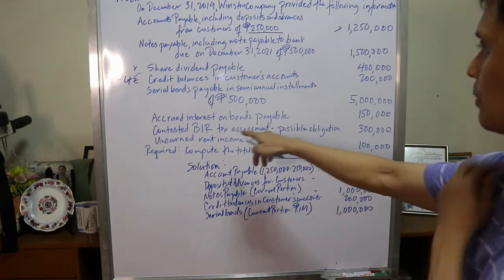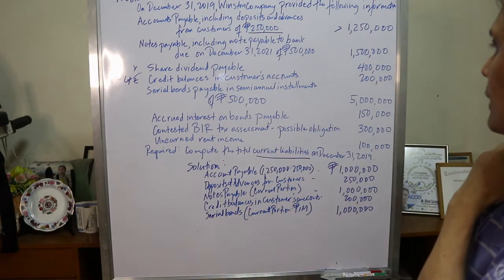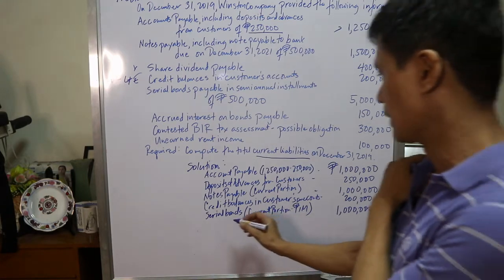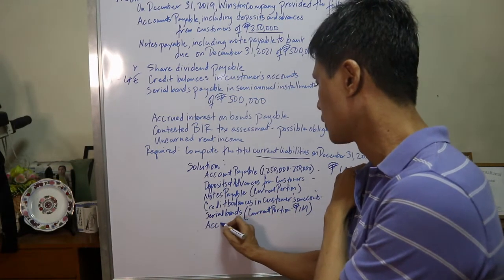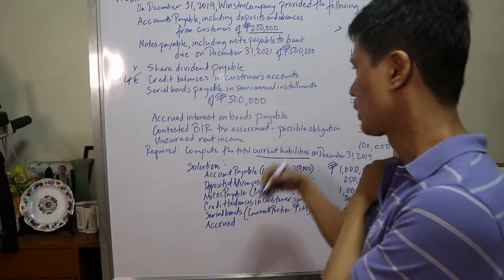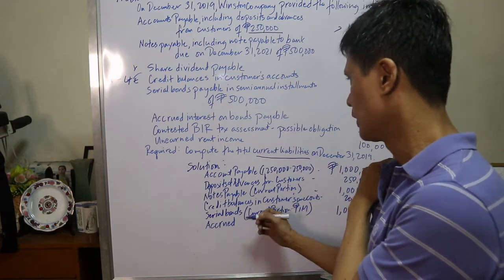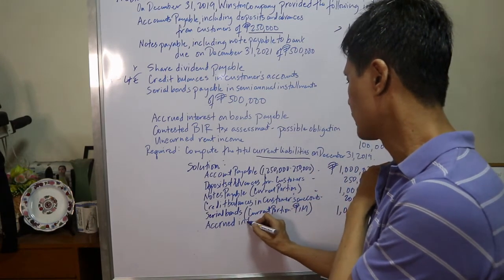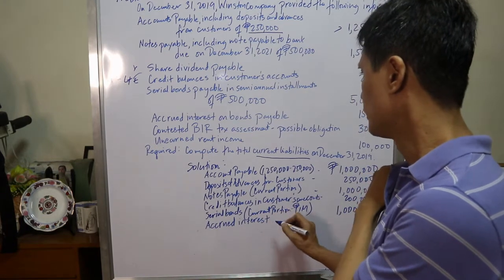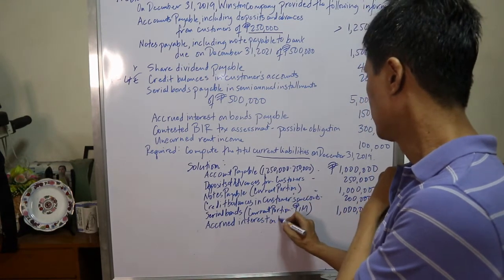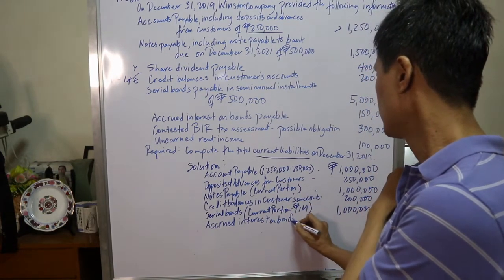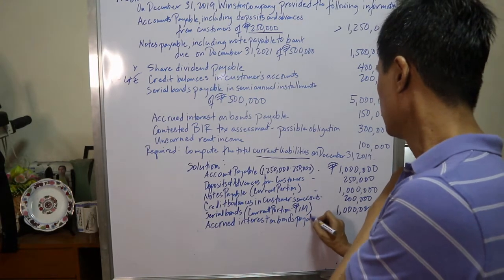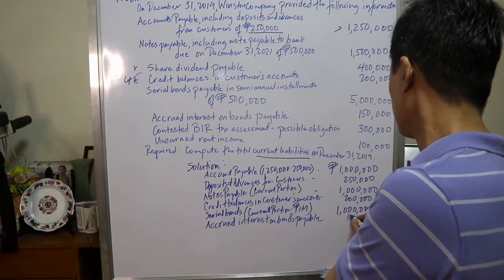Next is the accrued interest on bonds payable. Let's put it here. It's accrued since it falls due this year. The accrued interest has accrued, meaning it's already due on bonds payable. So that would be 150,000.